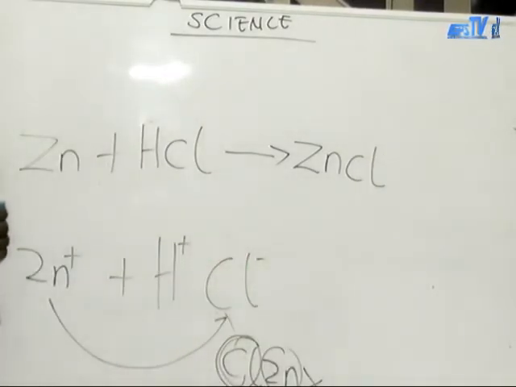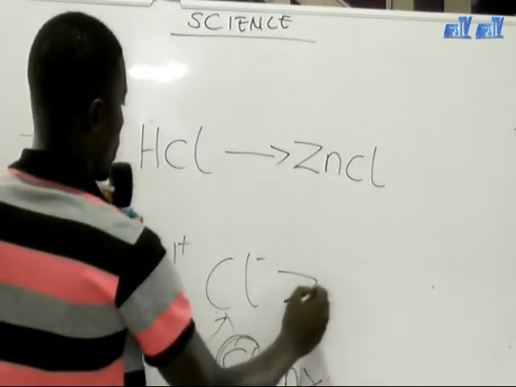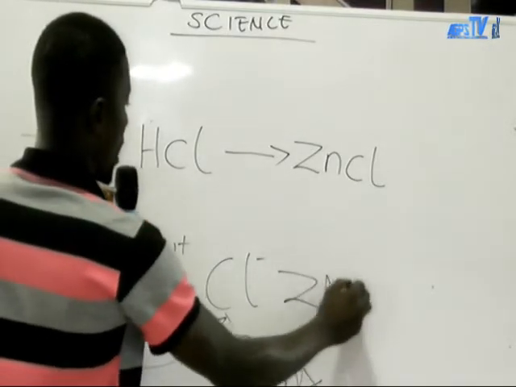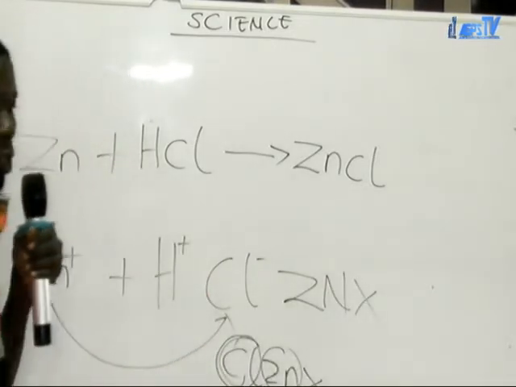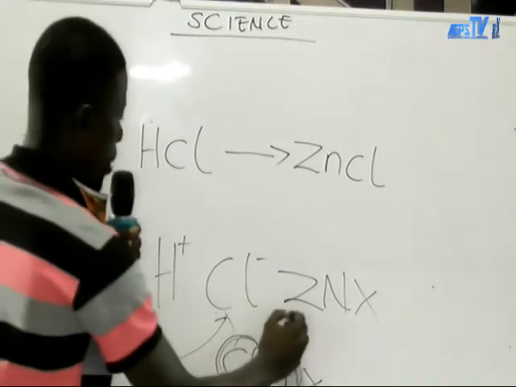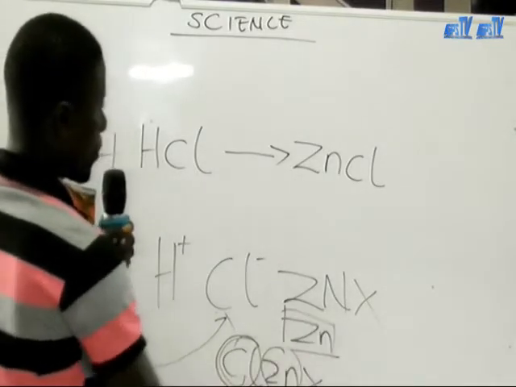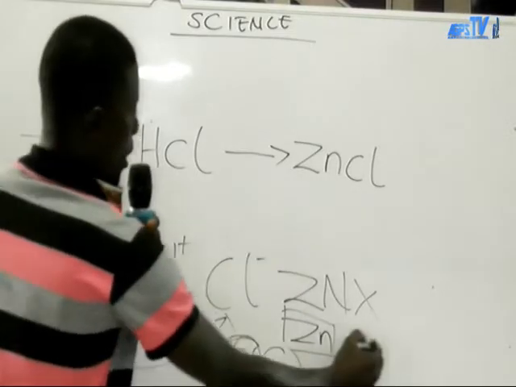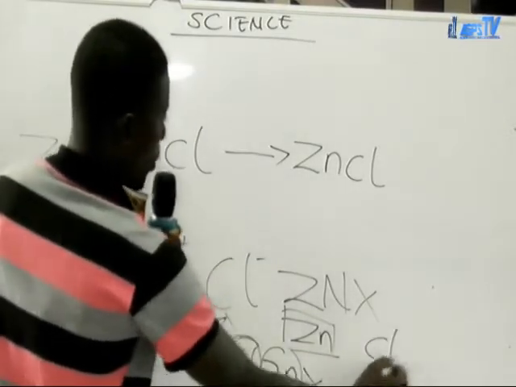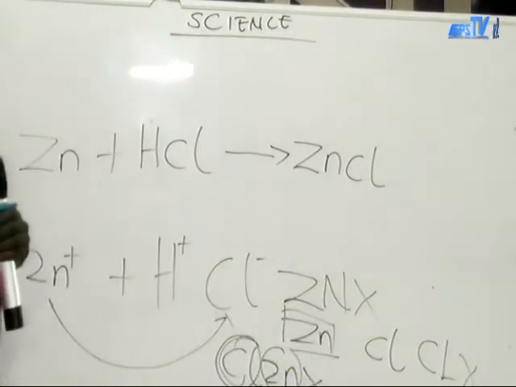Capital C, small l. If you write zinc like this, Z and capital N, this one too is not accepted. This one too is wrong. So you just write capital Z, small n. This is the chemical symbol for zinc. And the chlorine, the same thing: capital C, small l. It's not capital C, capital L. This one too is not accepted. So I want you to take note of them. It is very important.